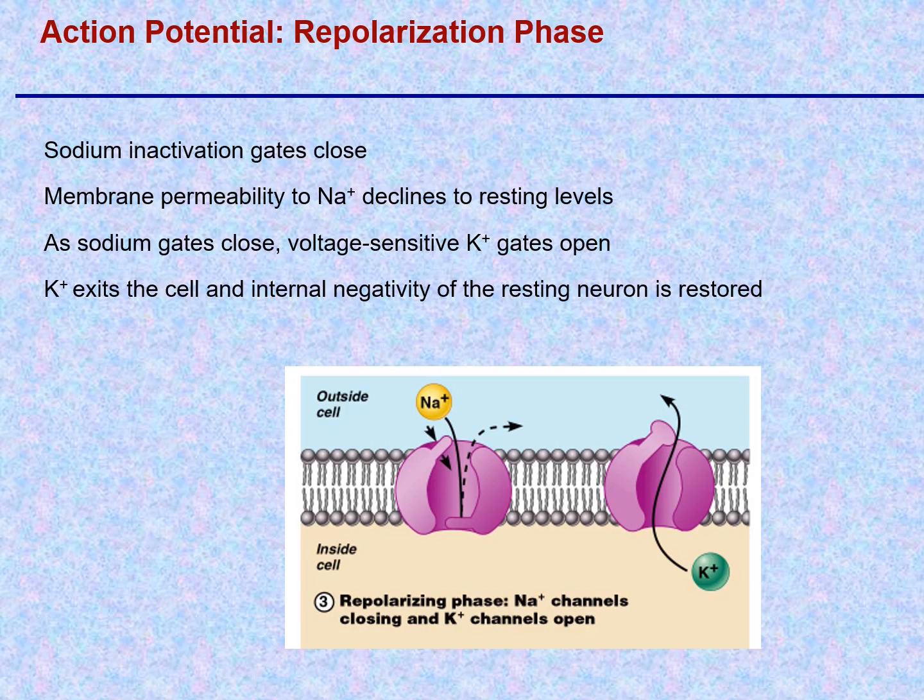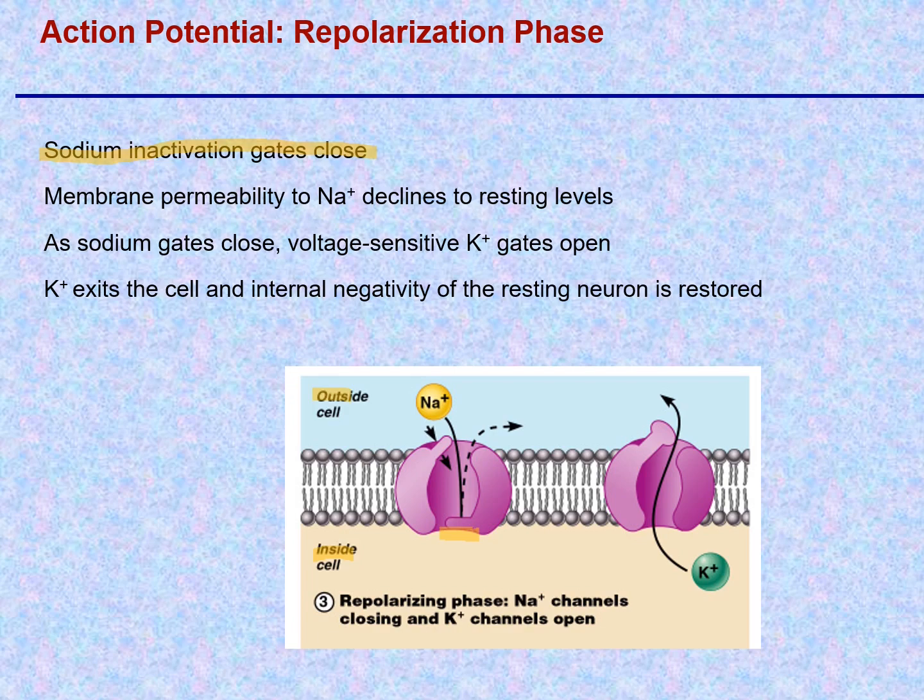That's the depolarizing upward movement because of lots of sodium channels open, and then sodium inactivation gates shut. This inner gate, inside, outside. So it's the inner gate, the inactivation gate.